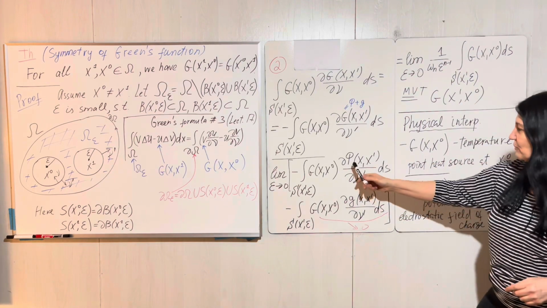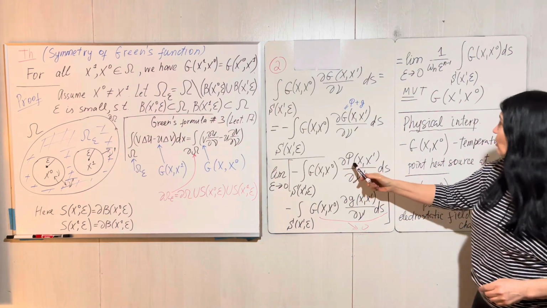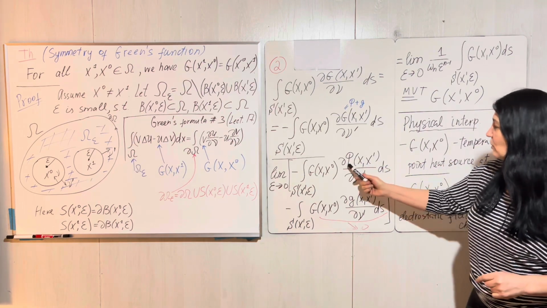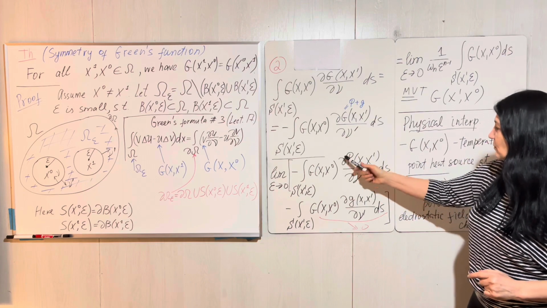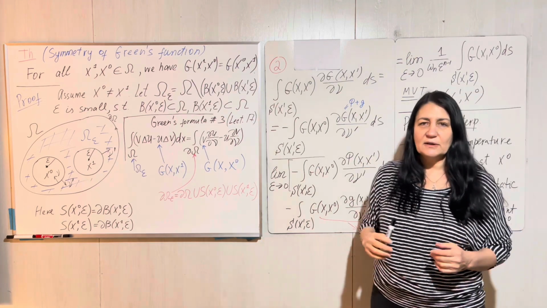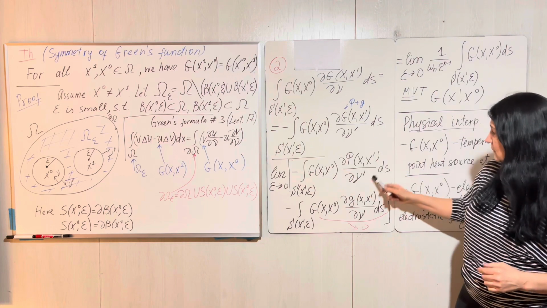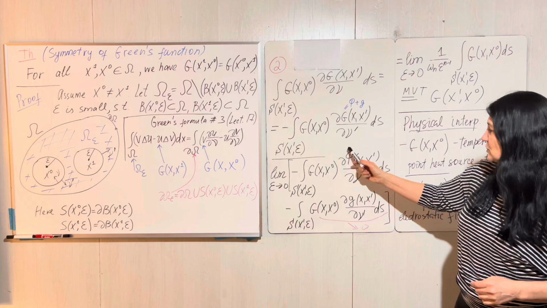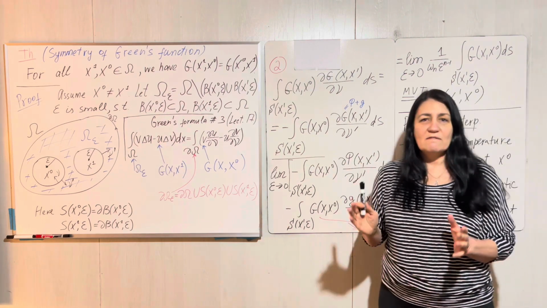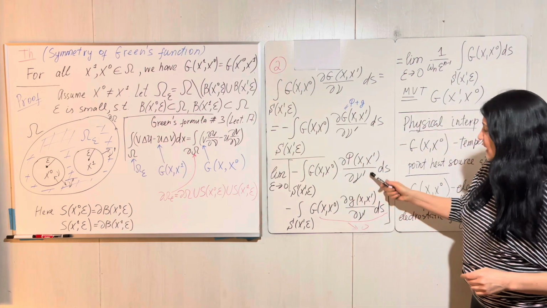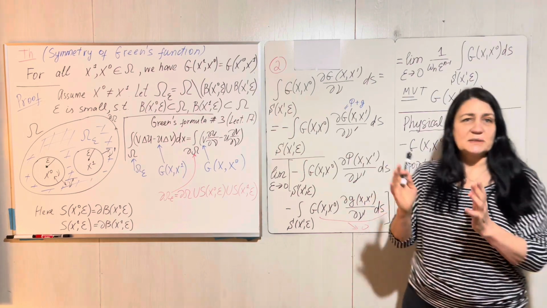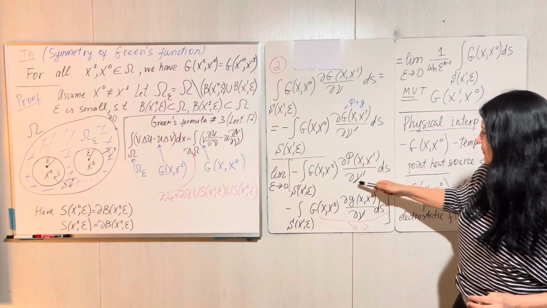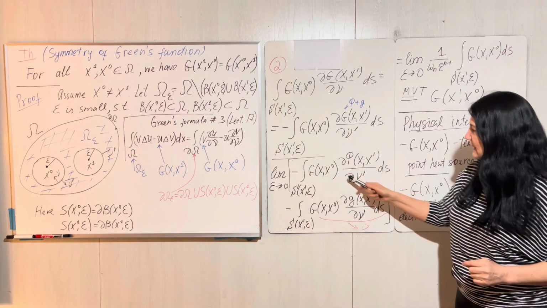Our function phi, we know the formula for function phi, and we can think of that as a spherically symmetric function, so it will be what we called before v of r, and our differentiation here is a derivative with respect to r, so we can easily compute this derivative as we did in lecture 18.